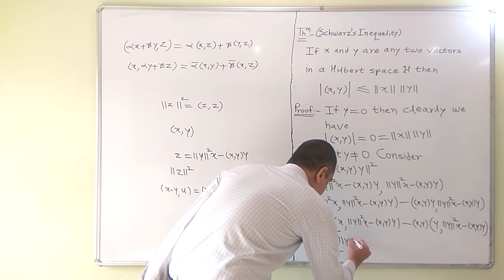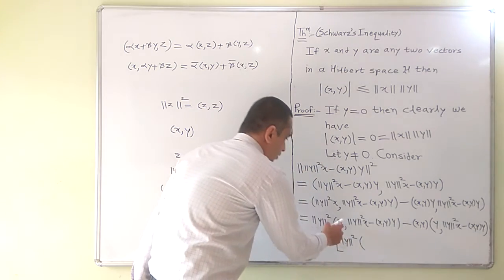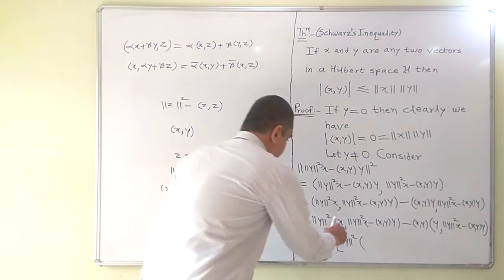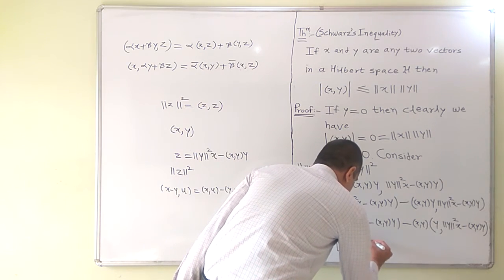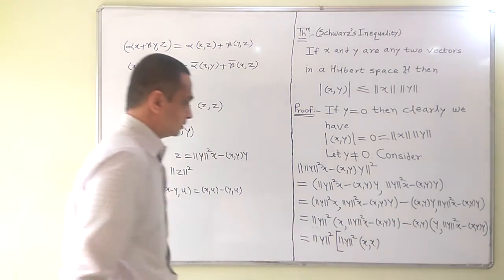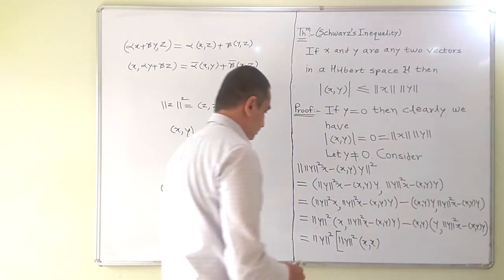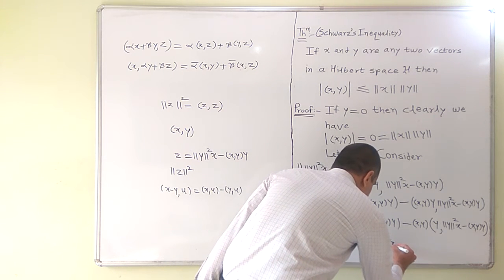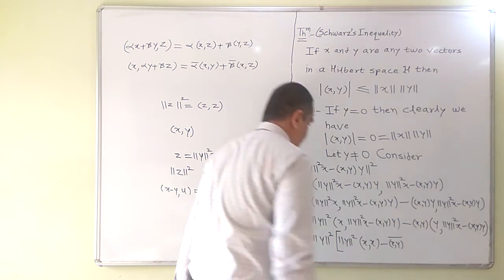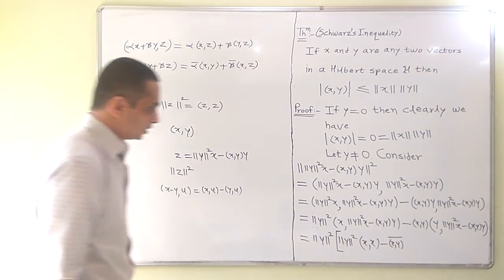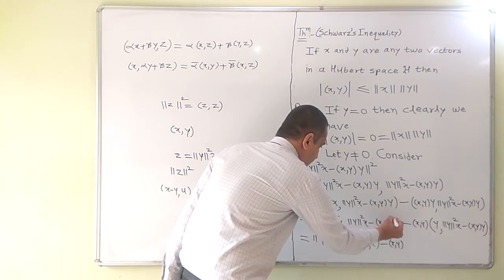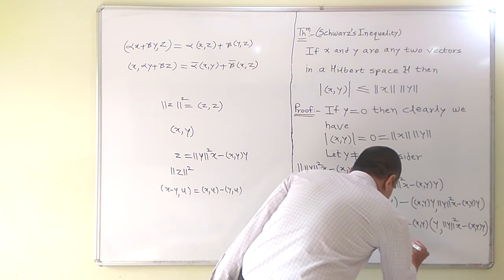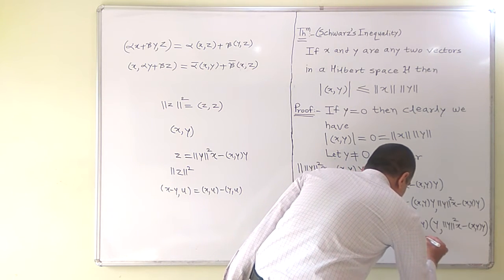So norm of y square, inner product of x and x, this x and this x, minus the conjugate of this scalar xy, and what is left? This x and this y. We are left with this x and y. So it is inner product of x and y.